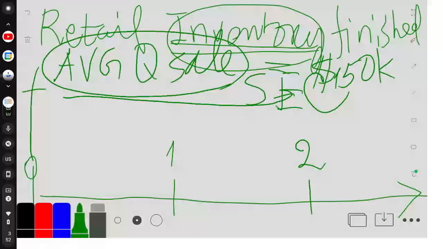Isn't that right? Does that make sense? But this is revenue. In other words, revenue means it's not the cost, right?